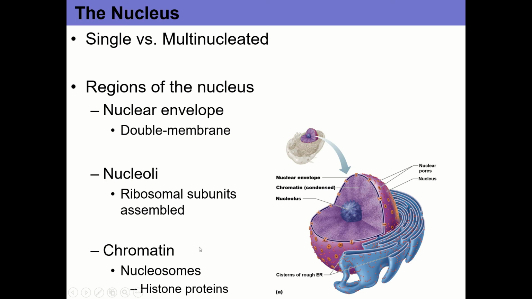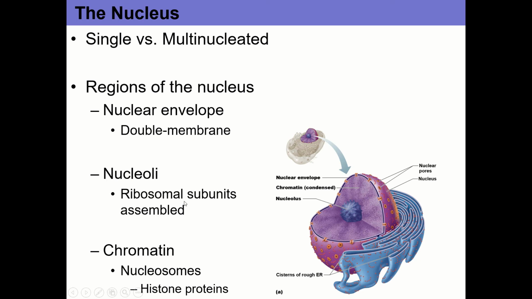The nucleoli, nucleoli is plural, nucleolus, as you can see here, is singular. So most nuclei have 1 or 2 nucleoli. The only thing I want you to know about the nucleoli, so they're basically these darker staining areas. Like I said, there's usually 1 or 2 inside of a nucleus, and that's where we assemble the ribosomes.